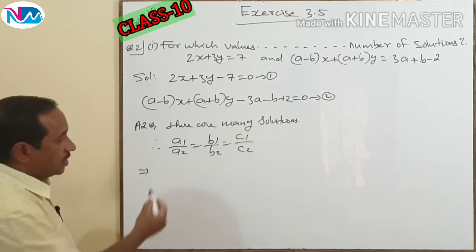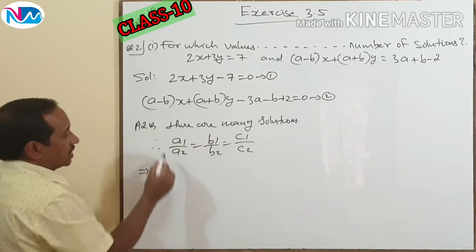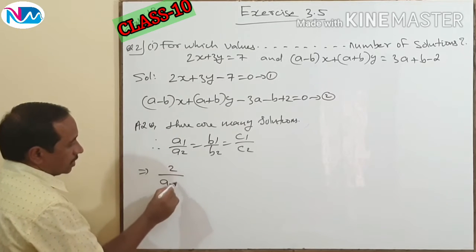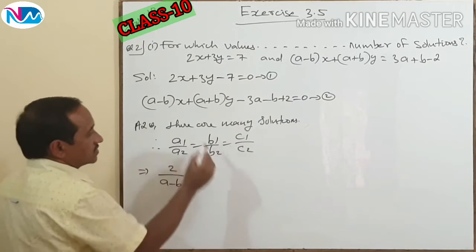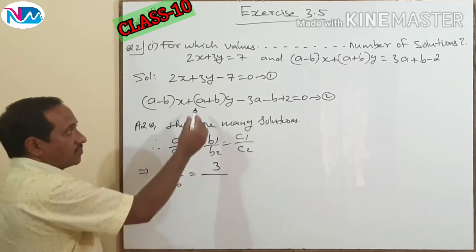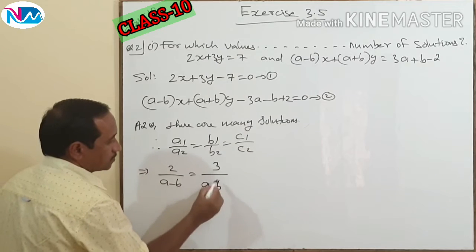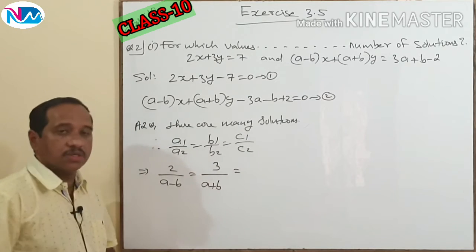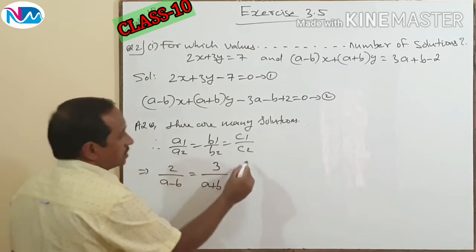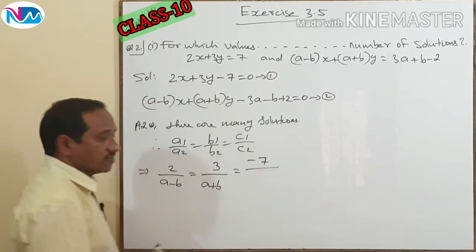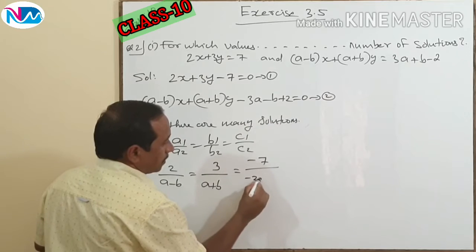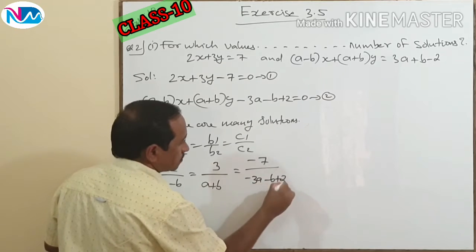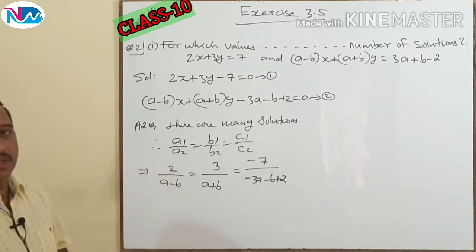Taking the values of a1 by a2, we get 2 by (a minus b) is equal to b1 by b2, which is 3 divided by (a plus b), is equal to c1 by c2, which means minus 7 divided by, here c2 is minus 3a minus b plus 2.